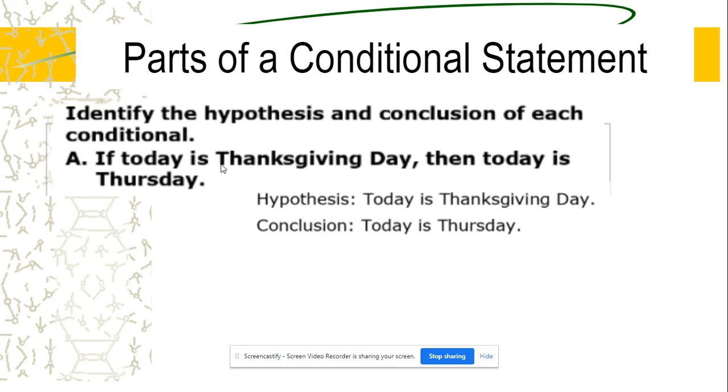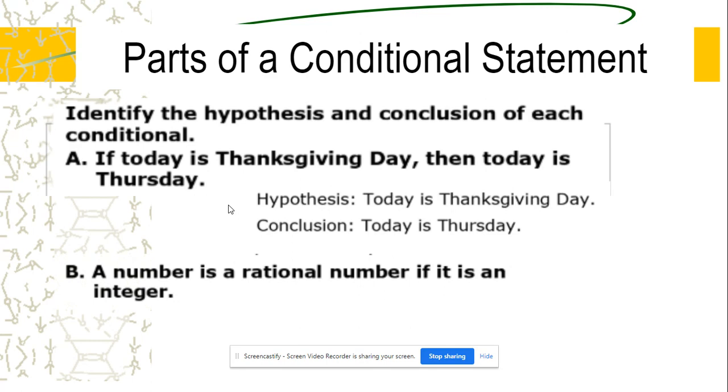It's everything that follows the word if, but does not go past the word then. The conclusion is everything that comes after the second part, the then. So the conclusion is today is Thursday. Note we are not including the words if and then as part of the hypothesis or the conclusion. That's very important.